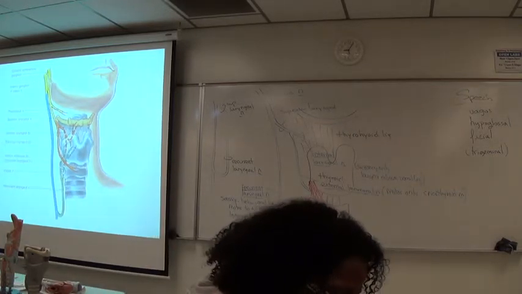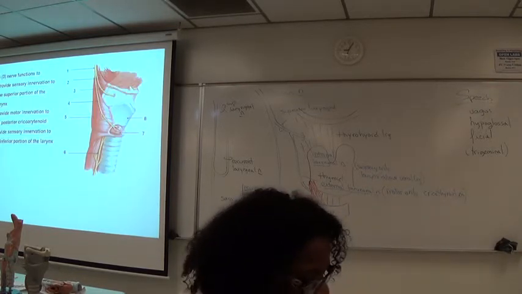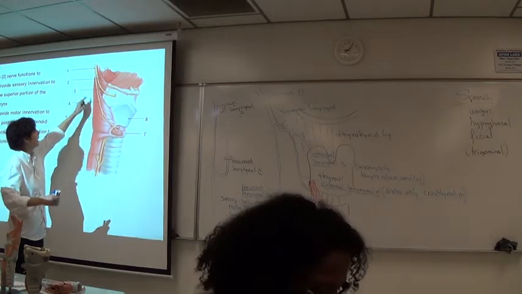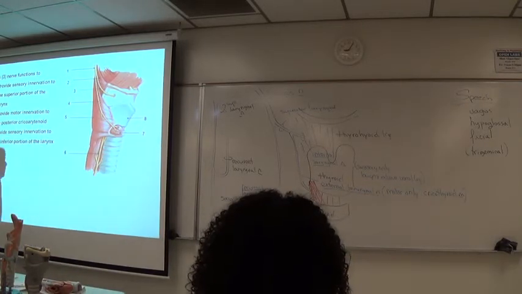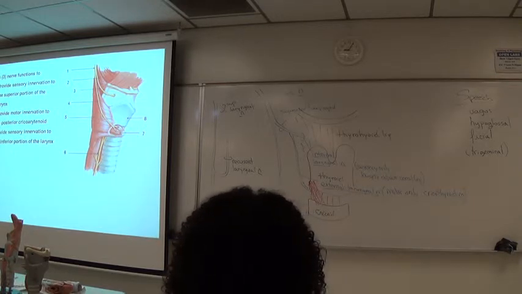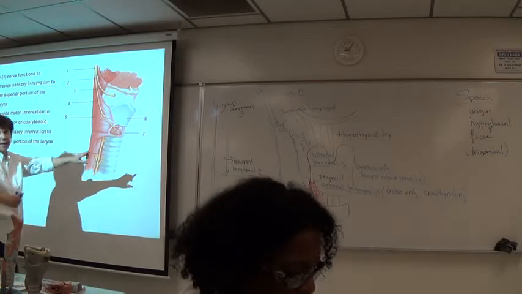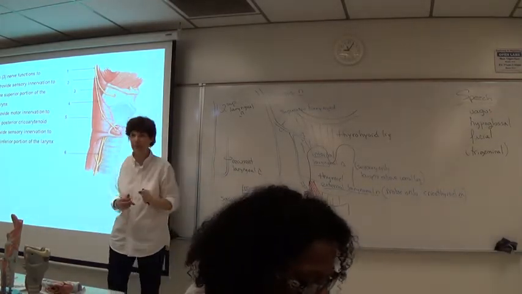Now, an interesting anatomical or structural event is, here's the recurrent. Here's superior, internal, and external laryngeal. Okay? On the right side, the loop that is occurring here for the recurrent laryngeal nerve is around the subclavian vessels.